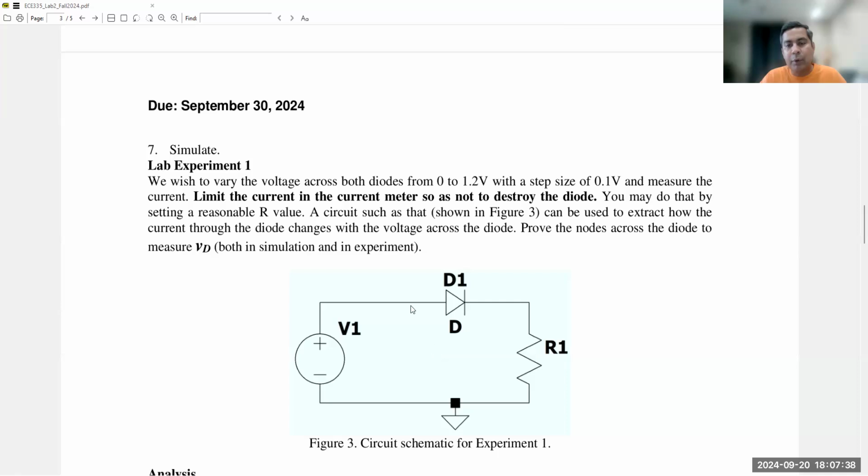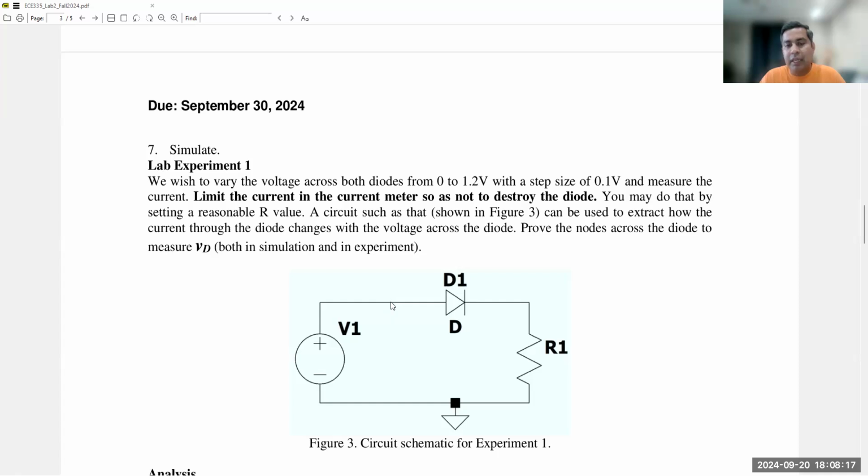But when you are plotting the ID current through the diode with respect to the VD, which is the voltage across the diode, the way to do it is you can name these nodes, and you can edit that in your plot window, where usually when you sweep a voltage like V1, you usually get the current versus the V1 or the source voltage. But if you double click on the axis value, then you can edit the voltage parameter.